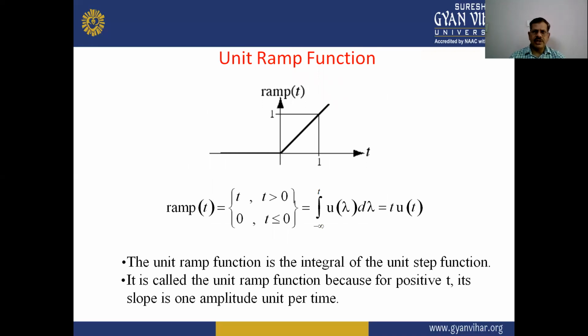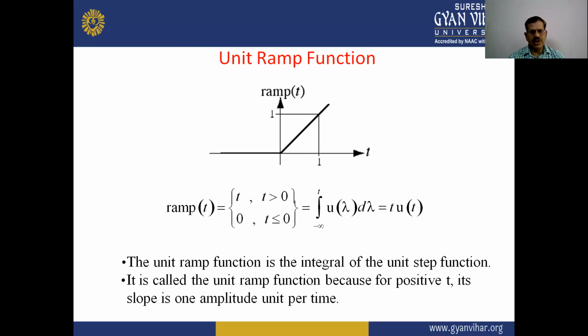Next, the unit ramp function. The unit ramp function is the integral of the unit step function. It is called the unit ramp function because for positive t, its slope is 1 amplitude unit per unit time. ramp(t) equal to t if t is greater than 0 and equal to 0 if t is less than or equal to 0.